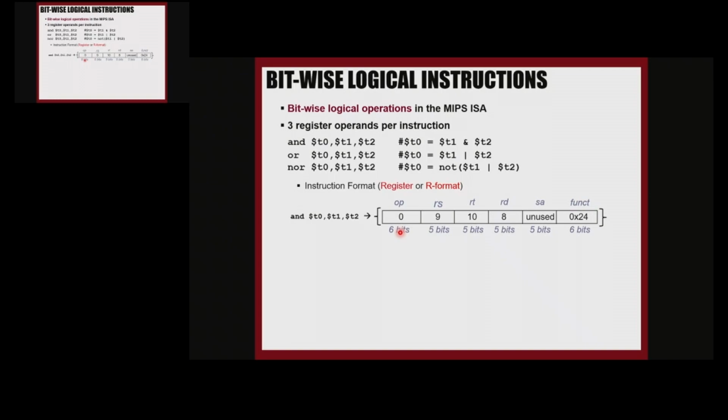We mentioned for R format instructions, opcode is always 0, and the function field is the field that identifies the instruction itself. So if you go to the reference sheet, I think I have it here.